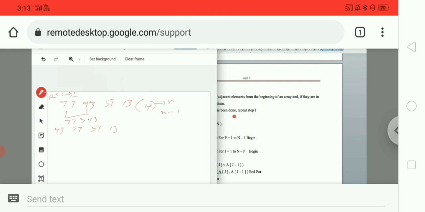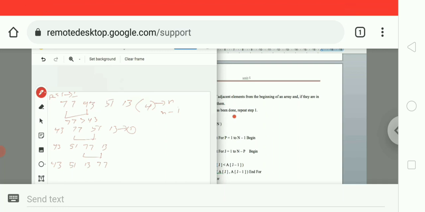After finishing this step, the next two elements are 77, 51. Here also 77 is greater than 51, so we have to swap. After that, these two elements: here also the same condition, so again we have to swap.